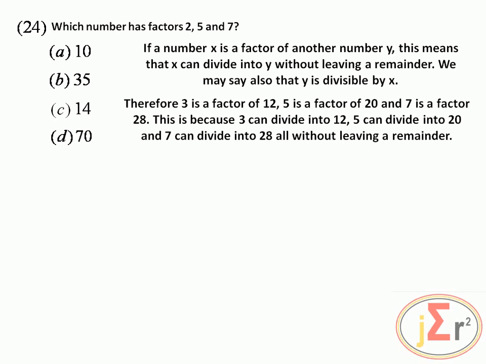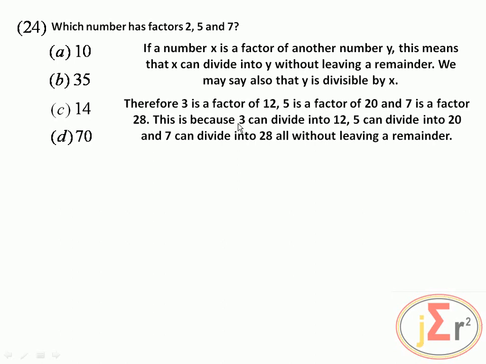Oh, Jerry is disappointed that I'm asking him such a simple division problem because he knows all his multiplication tables from 1 to 12. And yes, Jerry, and he's telling me that he knows some more multiplication tables that are greater than 12, and that is excellent. So, we know that 5 is a factor of 20 and 7 is a factor of 28.